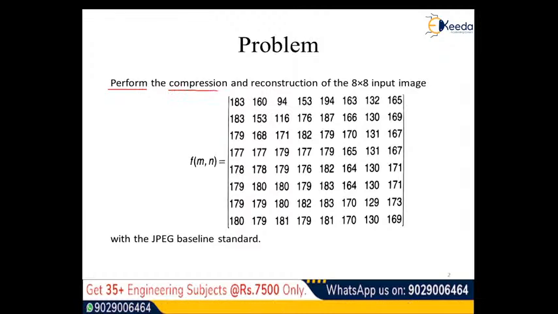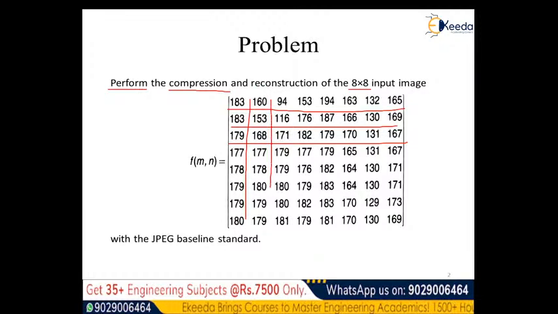We have to compress the given image sample, which is of order 8x8. It means we have a total of 8 rows and 8 columns, so 64 pixels, represented as f of m comma n.